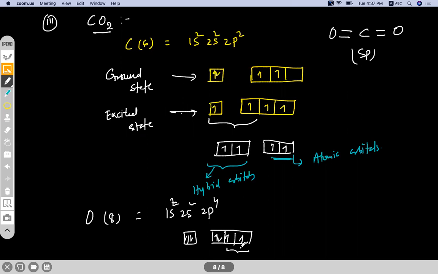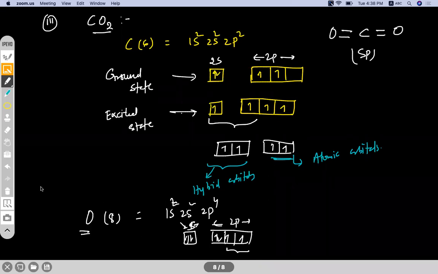That is what you need to keep in mind. This is 2s, here also 2s, and this is 2p. So the 2p orbitals have 2 unpaired electrons for the oxygen atom.